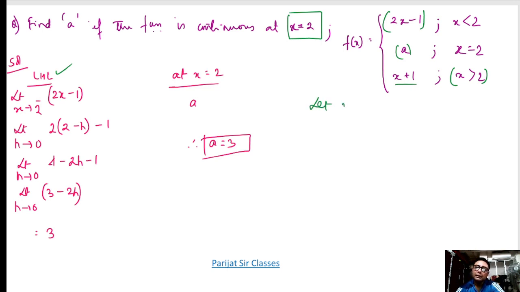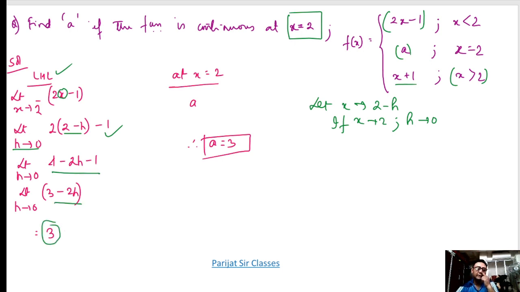So let x tend to 2 minus h, if x tends to 2, h tends to 0. So using this, in place of x we are taking 2 minus h. So here we got, and now putting the value of 0 in h, we are getting this is the answer.